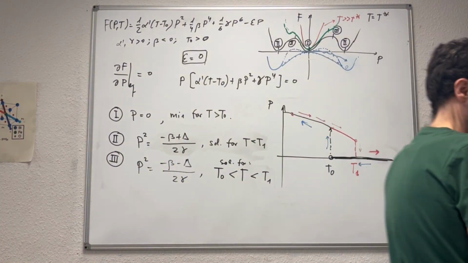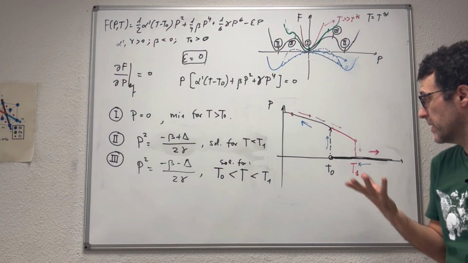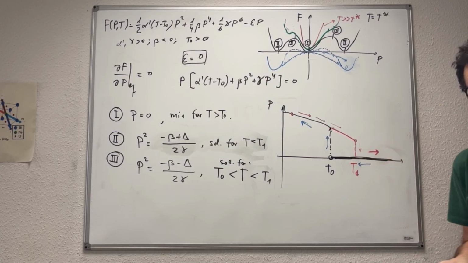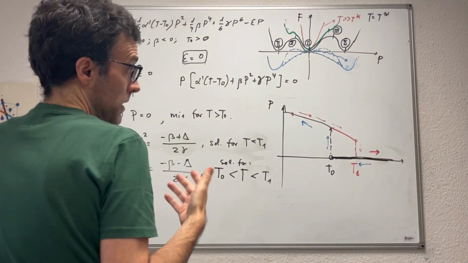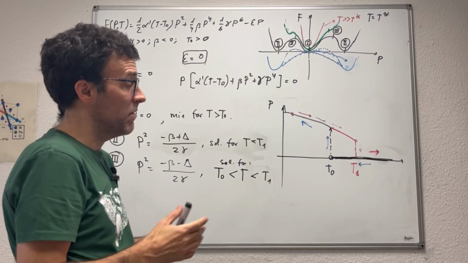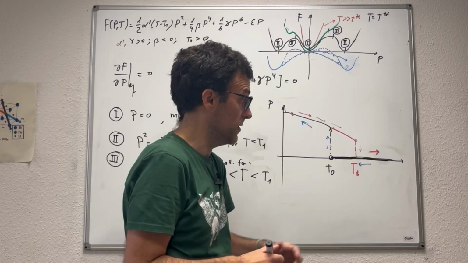Now, beautiful. This happens experimentally. This is hysteresis, of course. This is called thermal hysteresis. In reality, experimentally, probably we never reach the limit of stability, the limits of stability T0 and T1.